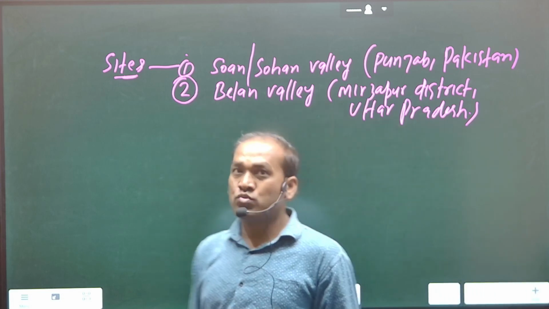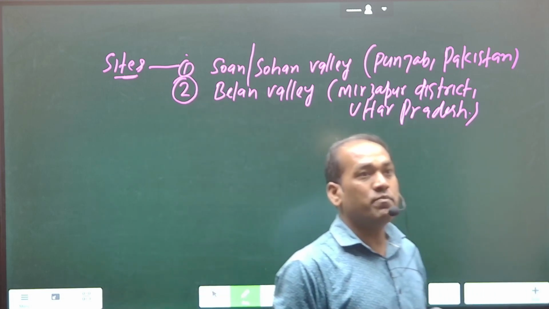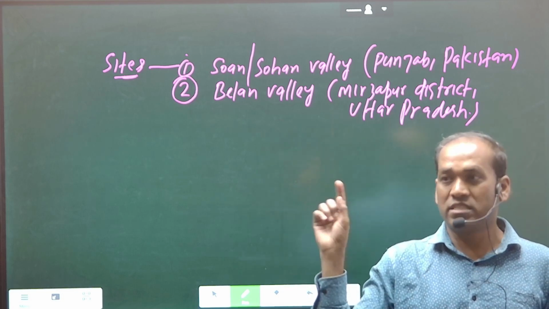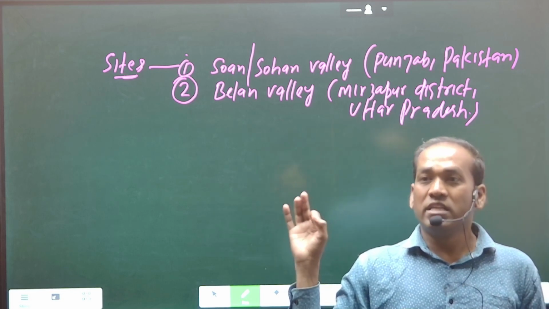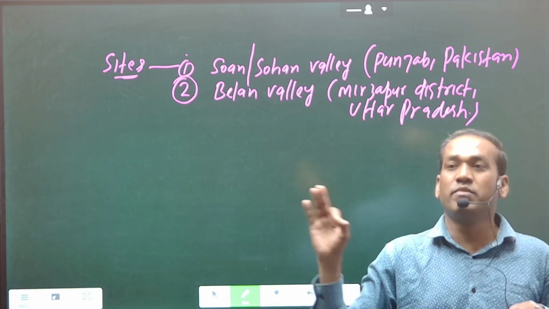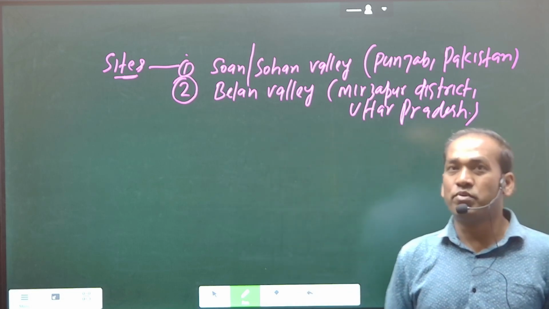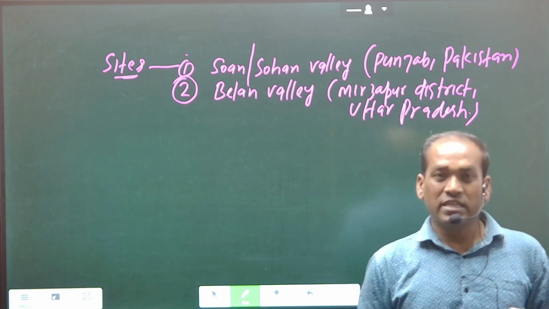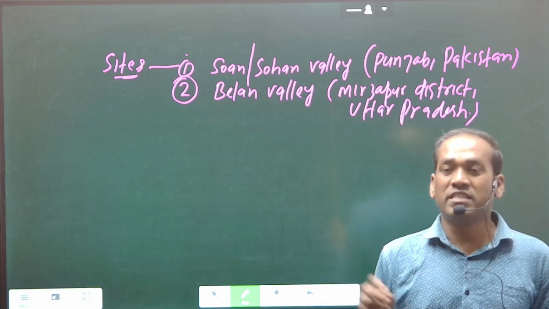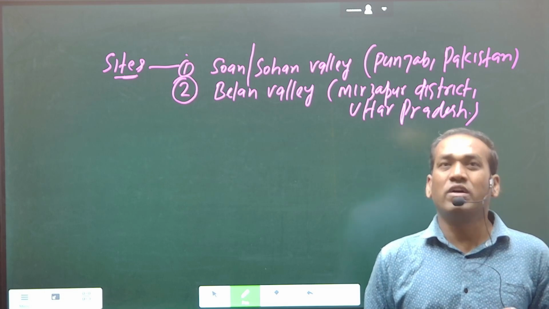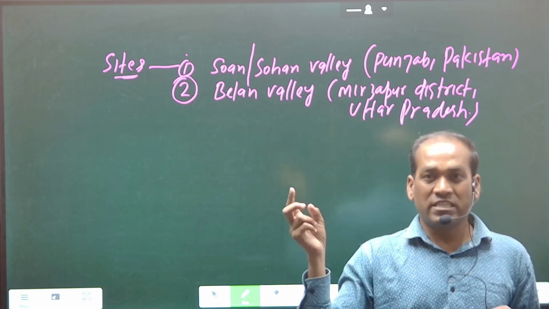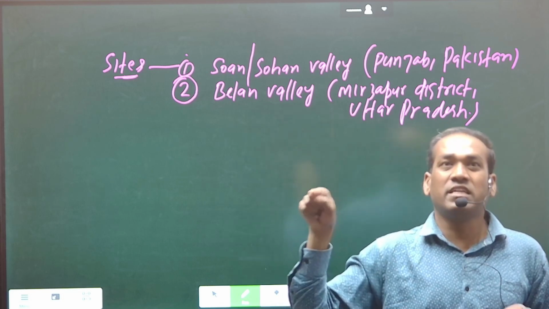Okay, so far we have completed about history. History is divided into three main parts. In order to study history, history is divided into three main parts: prehistory, protohistory, history. Then I have told you two evidences with which you can say that Stone Age culture existed in India.